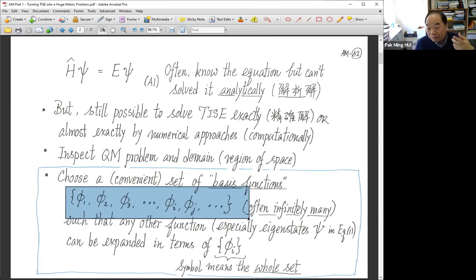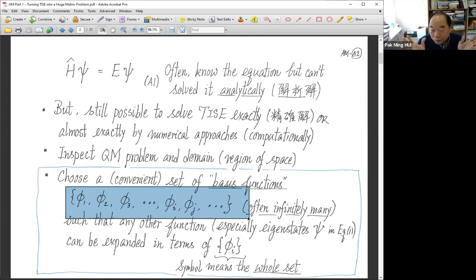However, you know how to solve this infinite well exactly, okay? Realizing that in all these cases, the wave function will be zero outside the box, non-zero inside the box, okay? Therefore, if you take the exact solutions of this infinite well with a flat bottom to be your basis sets, that will be a good choice.